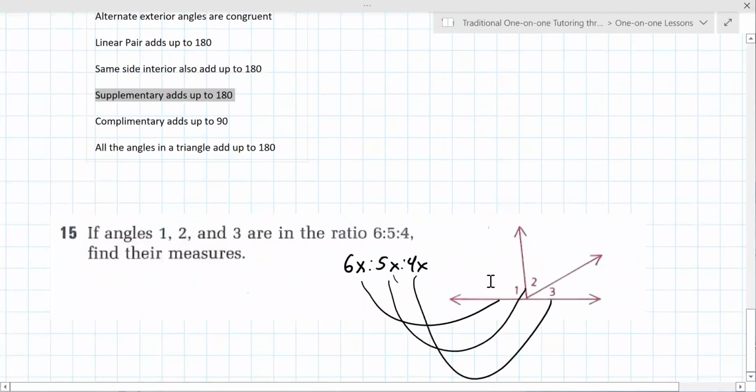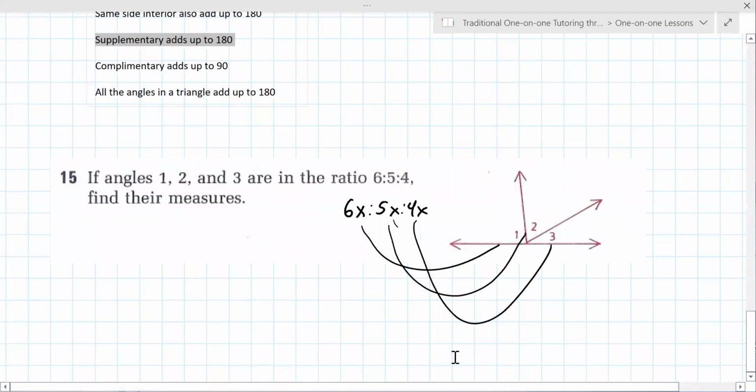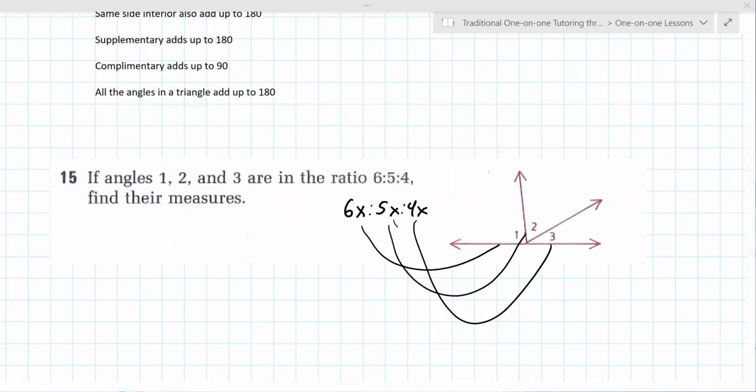Supplementary. Yeah, the supplementary. I guess you could say it's a linear pair, but pair to me means two. So I don't remember if it's that. It's one or the other, hopefully they're not both there. So what I'd like you to do is go ahead and solve this for x and then determine the value of each angle here. Okay. x equals 12.